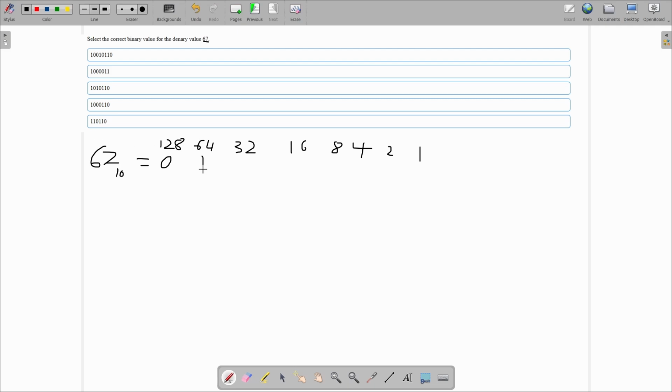This leaves 3, and then 32, and you just continue subtracting. Can you subtract 32 from 3? No. Same goes with 16, 8, and 4, leaving us with just 2 and 1. Adding all the zeros, we get the 8-bit binary number 0 1 0 0 0 0 1 1.